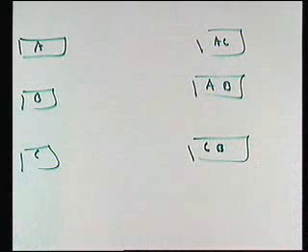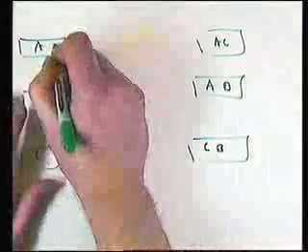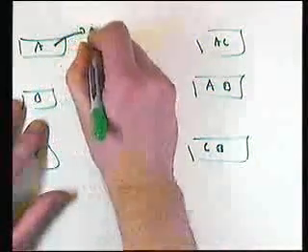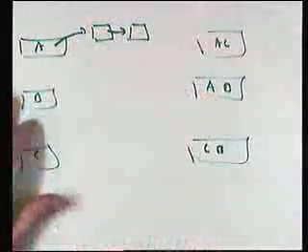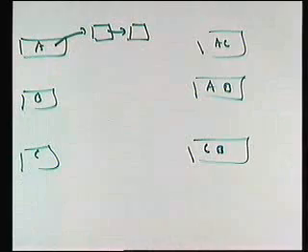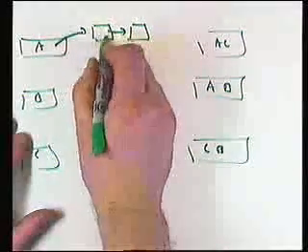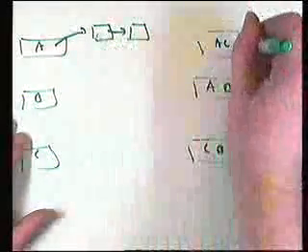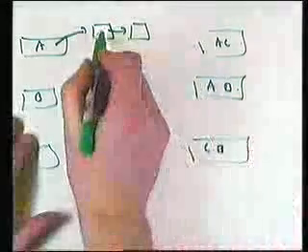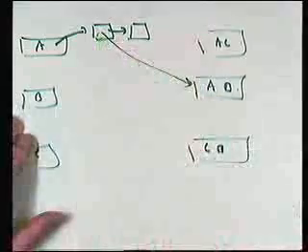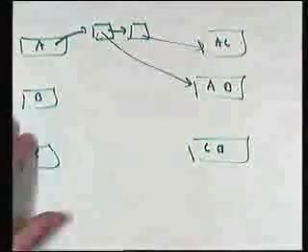Now, one thing I might do is say, well, I could build a list of pointers to the relevant edges. So I could say, well, A is supposed to point to AC and AB. I could, of course, store all the information here, but it'd be nice just to store it once. I have the edge here, and what this can do is it can say, well, that node will point to the AB edge, and that will point to the AC edge.